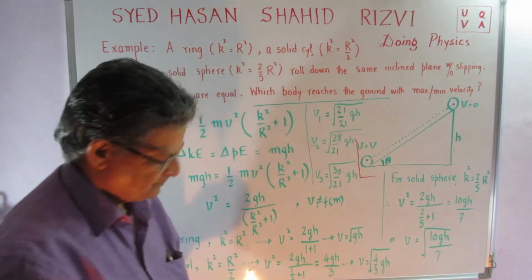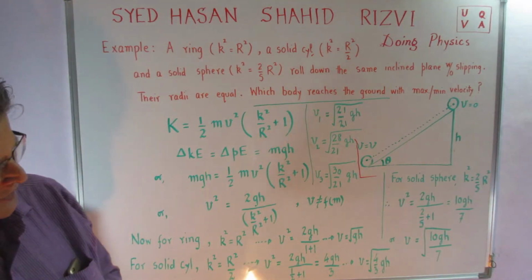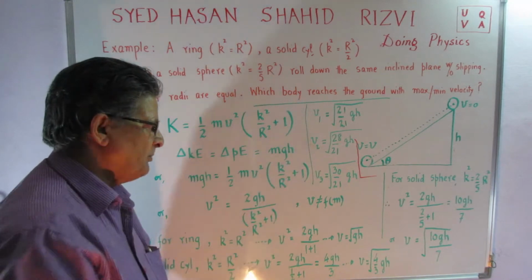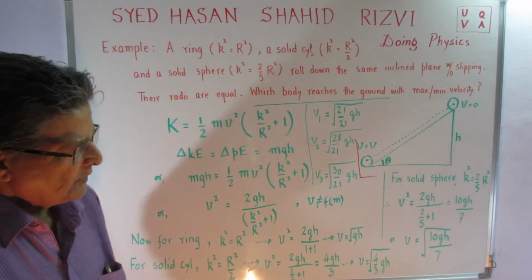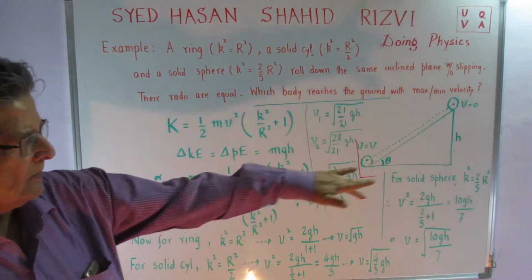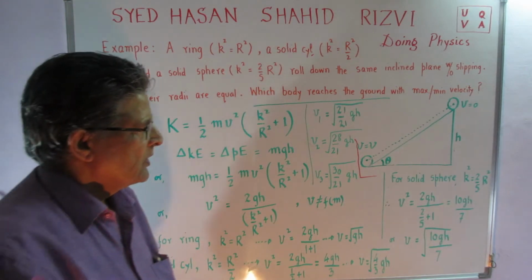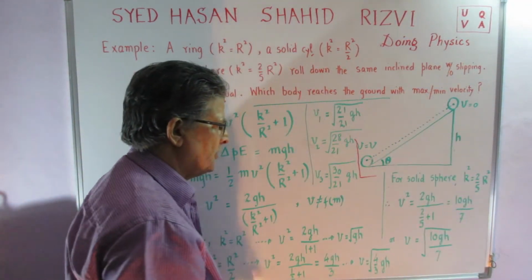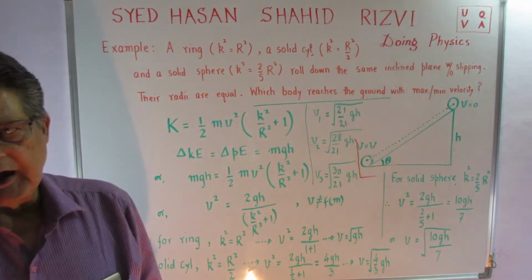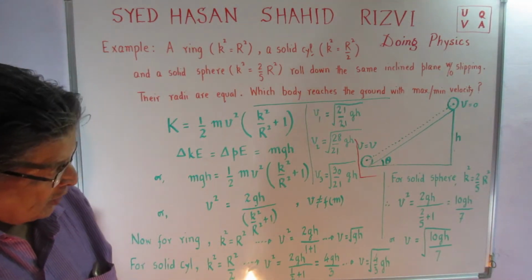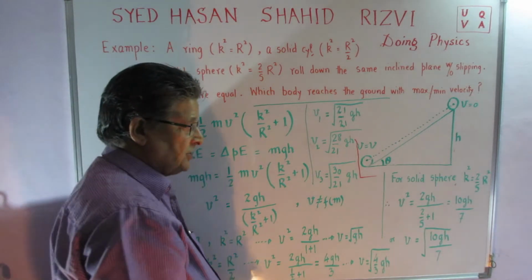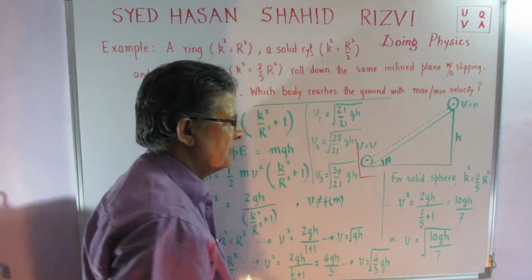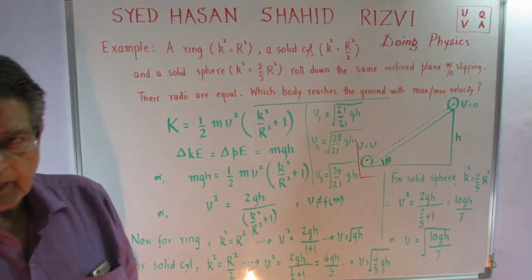And in the process, while it is rolling down the inclined plane, which makes an angle theta with the horizontal, there is an apparent fall of the body through a distance h. So the potential energy of the system is maximum over here, and the potential energy of the system is minimum at the ground level.